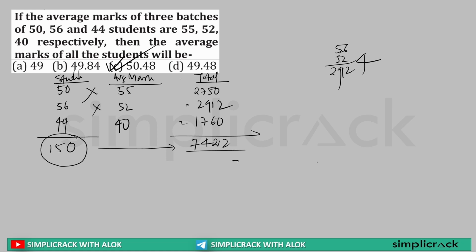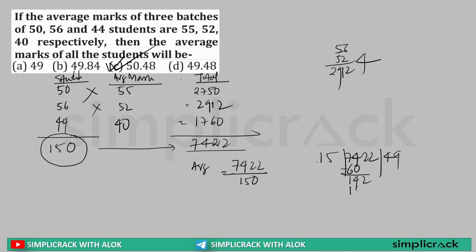Total score 7422. So the average score is 7422 divided by 150. If I divide 7422 by 15, what will be the answer? 15 5s are 75, so 15 5 cannot be used. It is 15 4s are 60. Now 74 minus 60 is equal to 14. We know 15 8s are 120, 15 9s are 135.